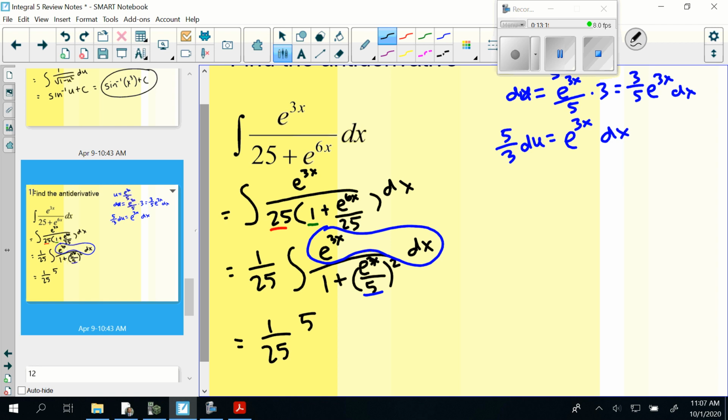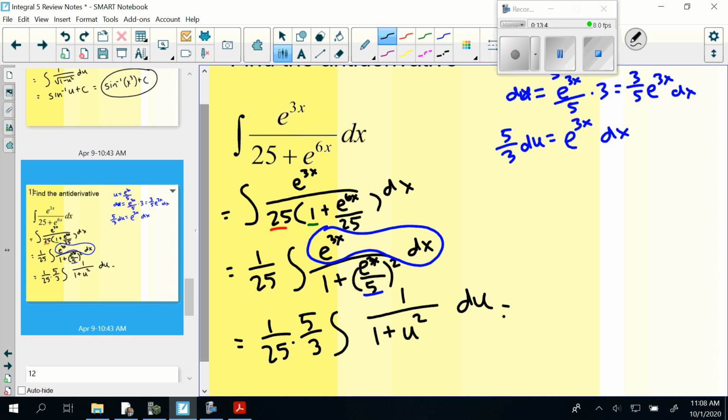I'm going to put the 5/3 out in front of our integral. So now this is just 1 over, and we've got du as our variable of integration. And then on the bottom, we'd have 1 plus u squared. That took a little work, but now that definitely looks like our inverse trig antiderivative.